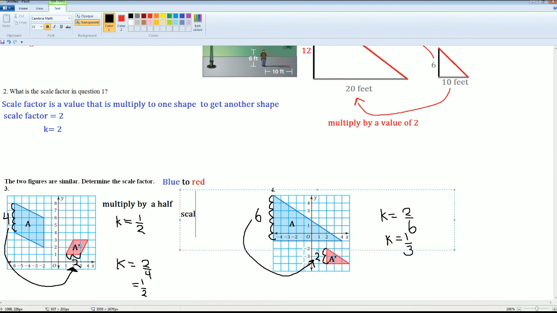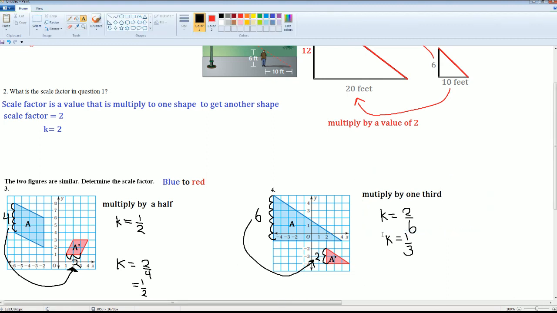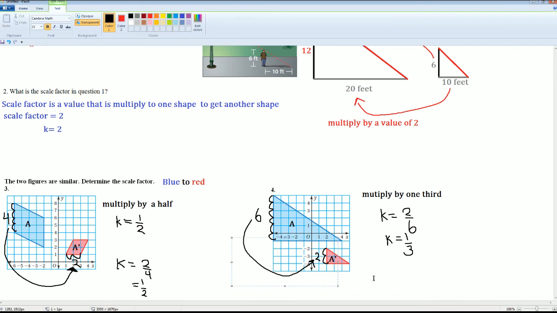So you could write, we multiply by 1/3, if you would like the English translation. Or the K, or the scale factor, is 1 over 3. Okay, there you go.